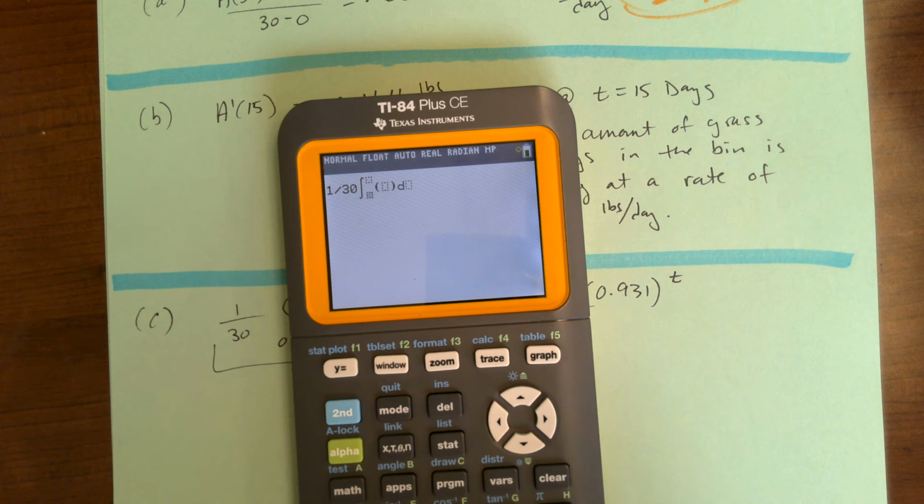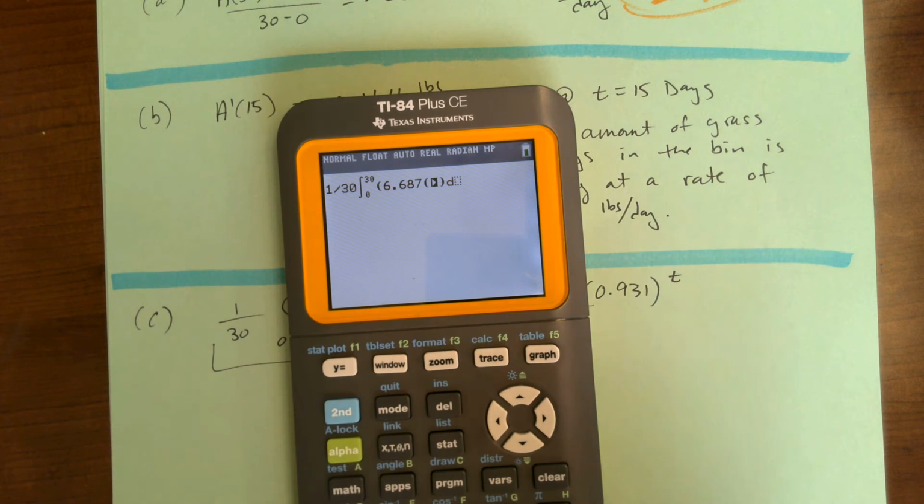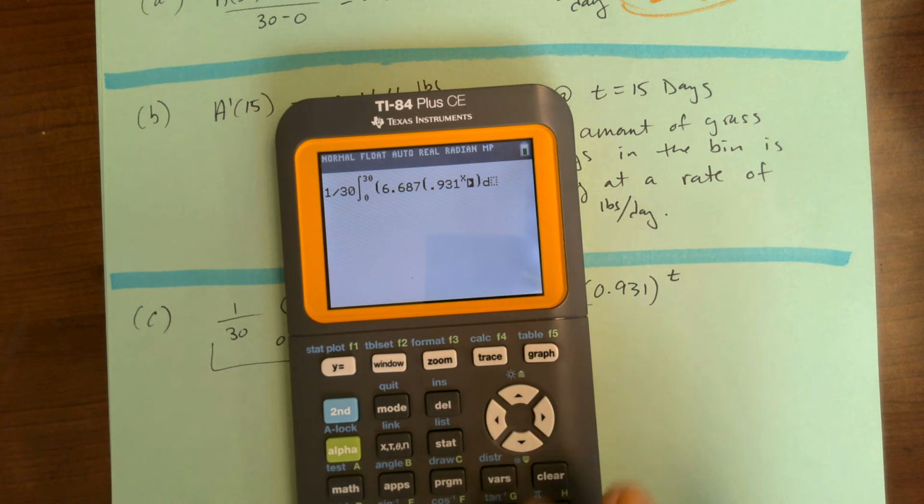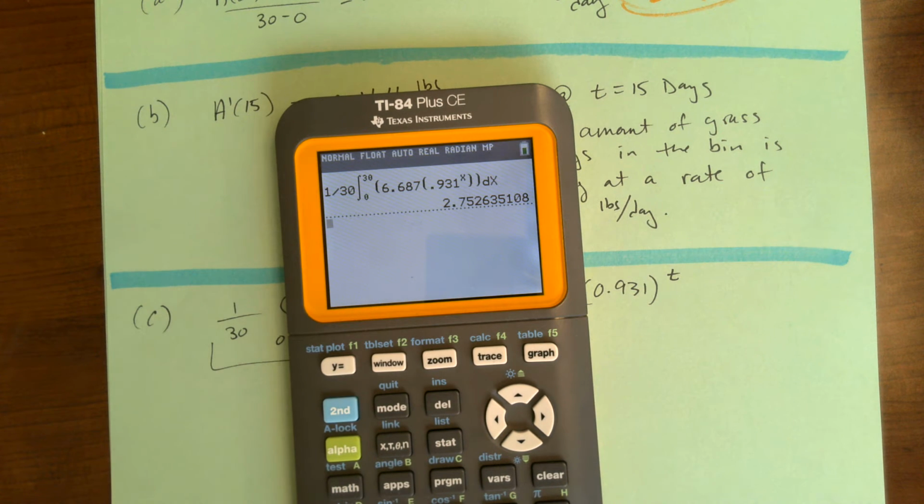Math 9. 0 to 30. 6.687, 0.931. Okay, and now I'm going to store that.